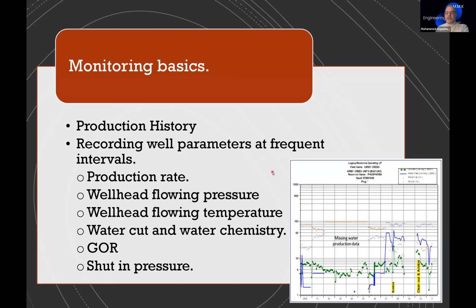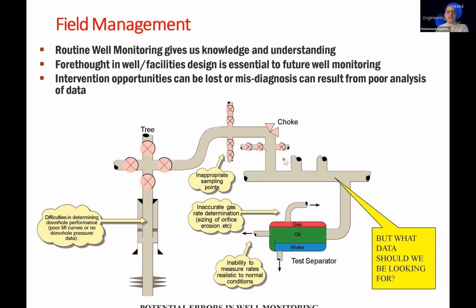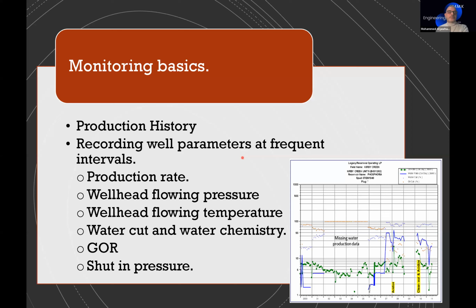And this should be considered very well in the early stage of the field life, when we are designing the essential points and essential parts of this production system, and when we have to consider future well monitoring.